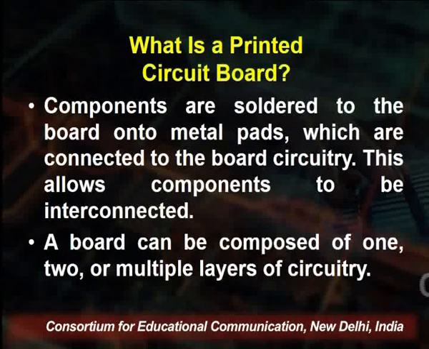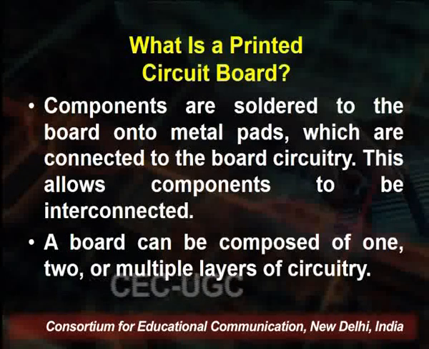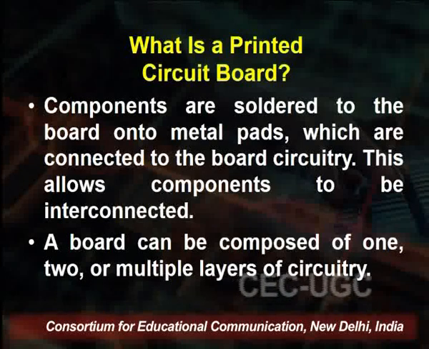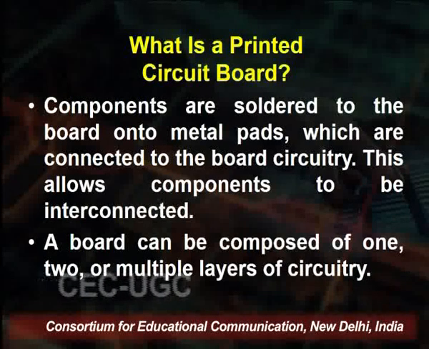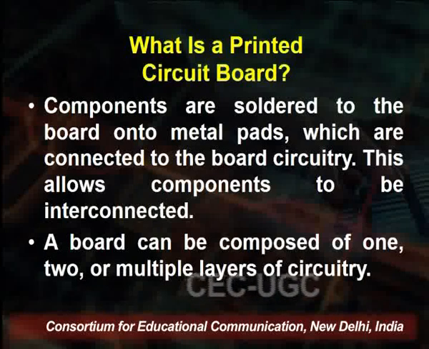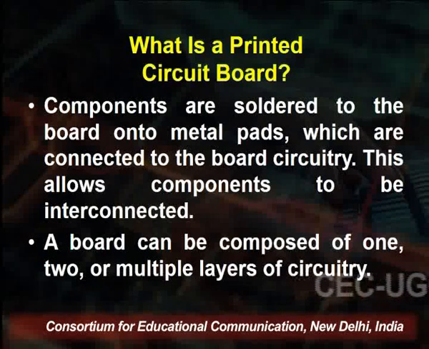Components are soldered to the board onto the metal pads which are connected to the board circuitry. We use the metal pads to connect the electronic components on that board, and that component is soldered on that circuitry board through the pads.